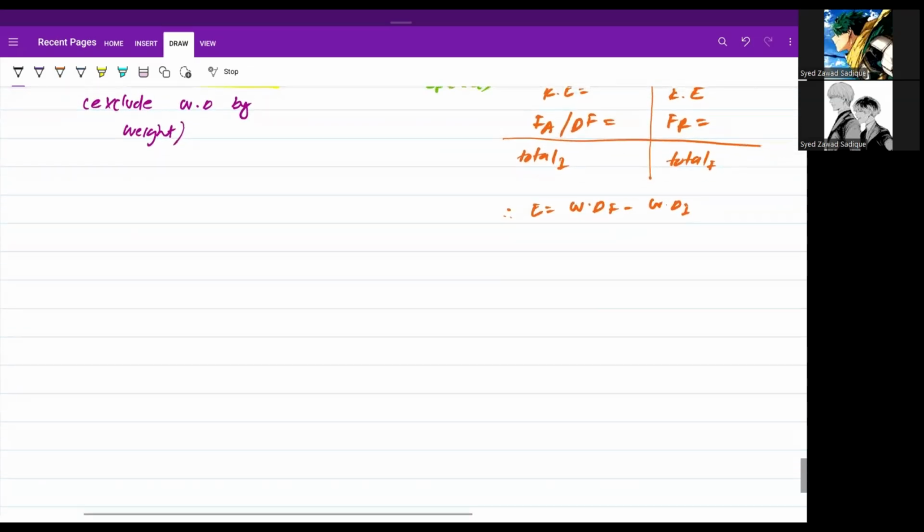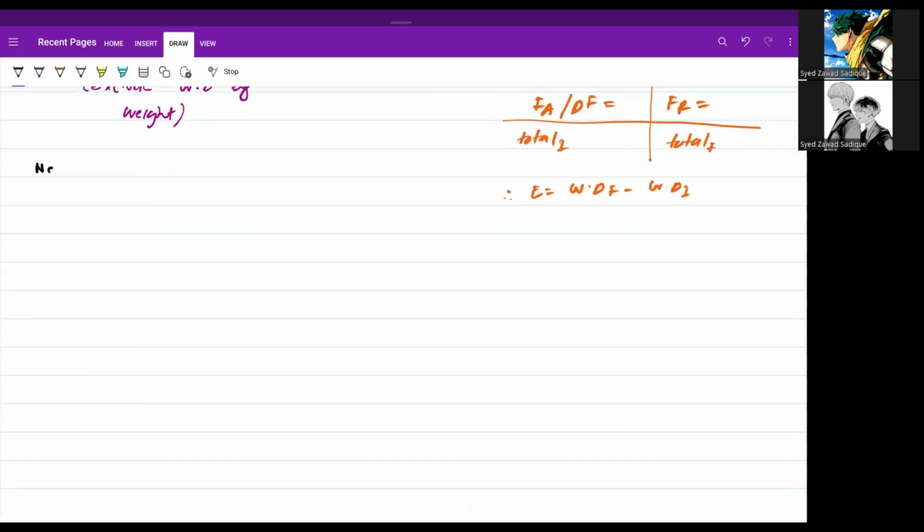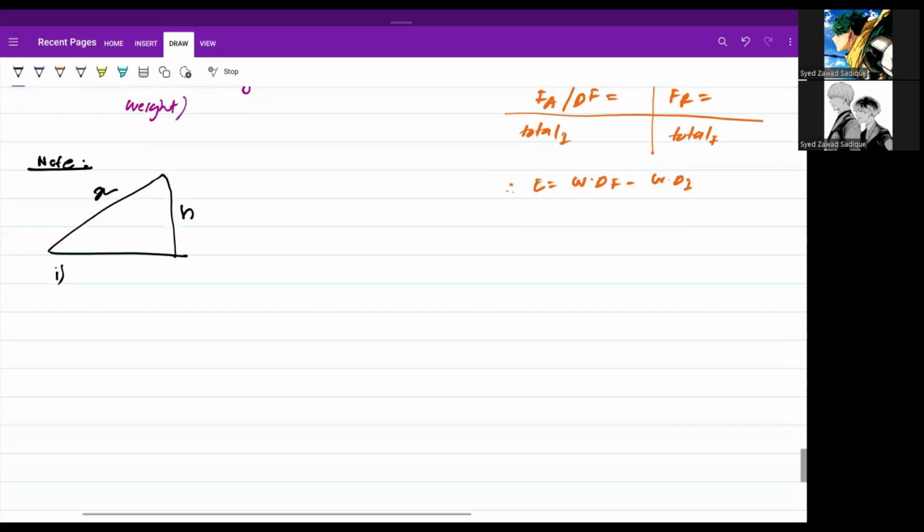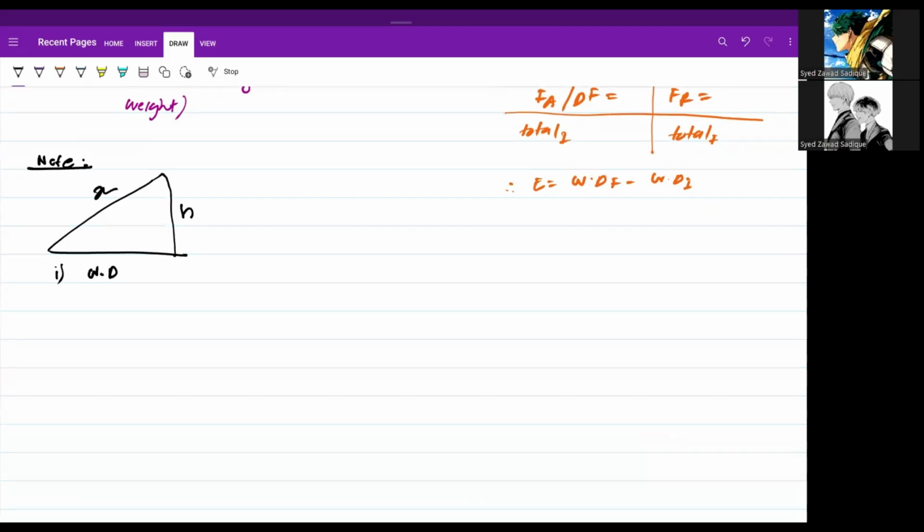And now, time for notes of this chapter, which are made by me. I mean notes as in footnotes, like the ones you have in history books. Again, let's say this is H, this is X. I already mentioned it once in the previous chapter, but I'm still going to write it because people forget this.